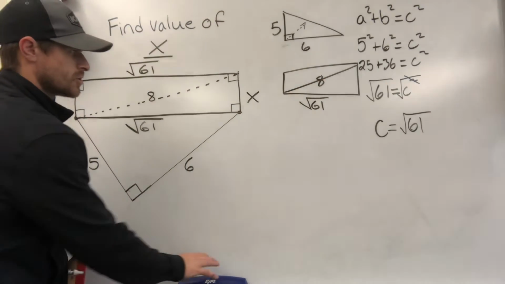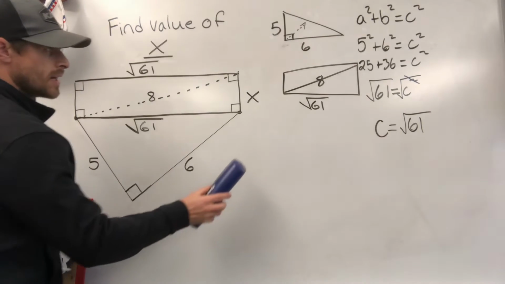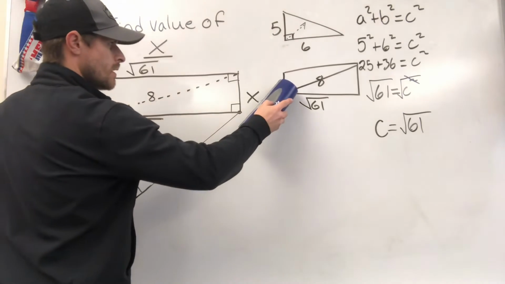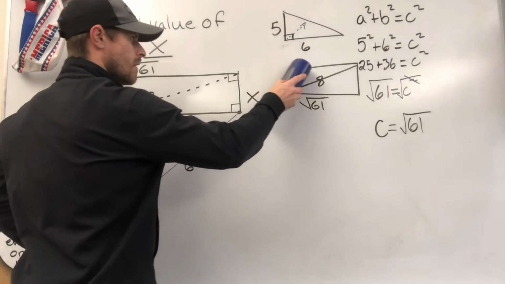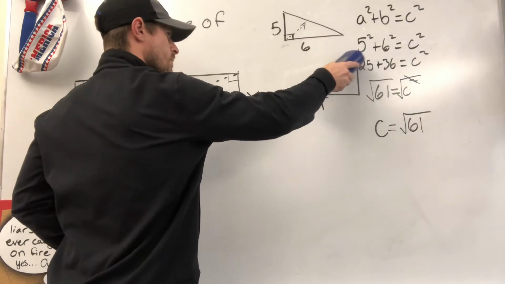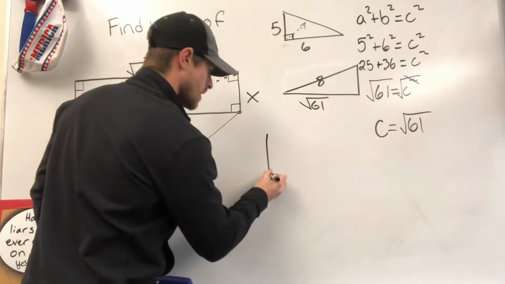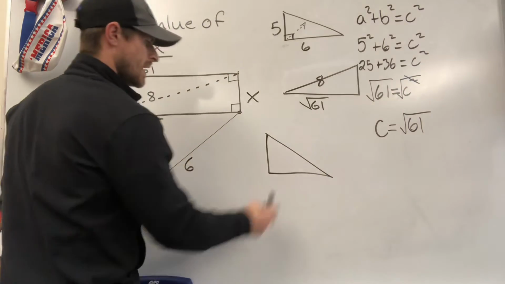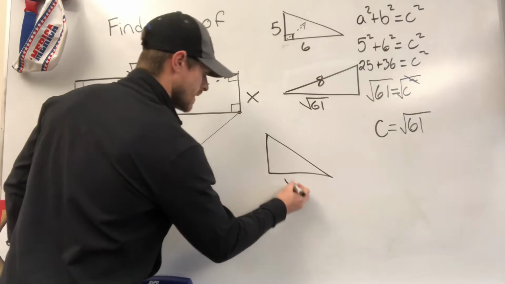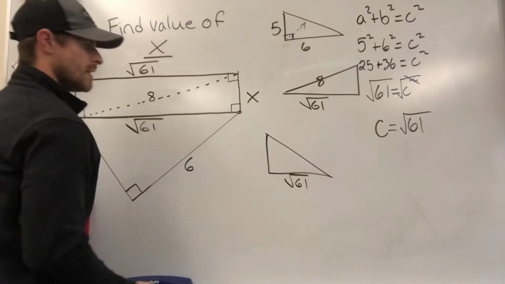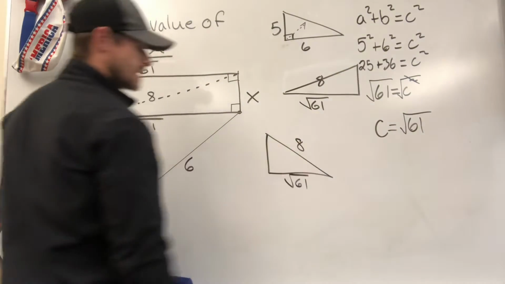Now watch as it all gets brought to light. You ready? Oh my goodness, we're really just dealing with a right triangle that has a leg that is the square root of 61 and a hypotenuse that is 8.